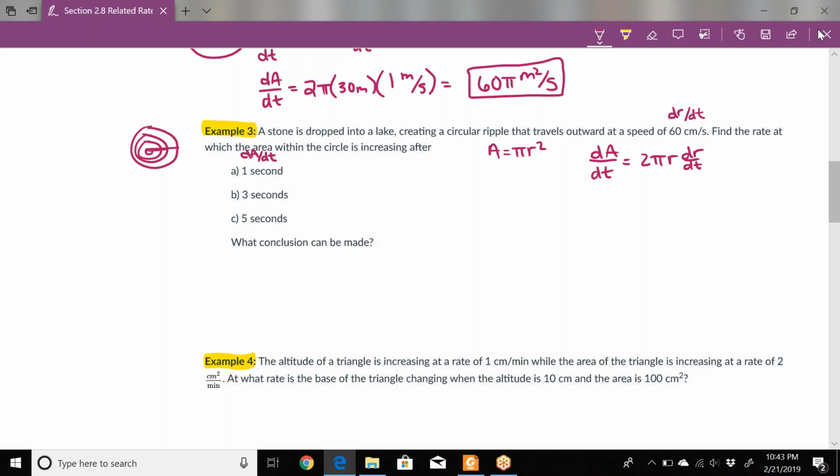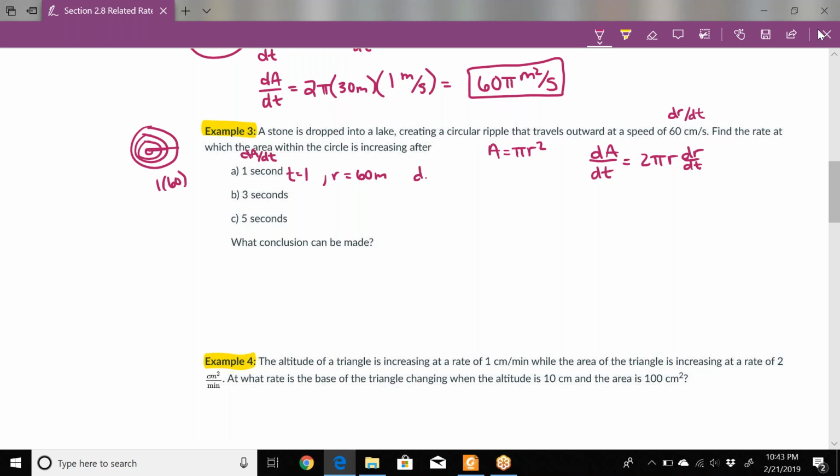So when we want to do time equals 1 second, first of all, we need to find the radius that's appropriate for that. So if your radius is going to change based on how many seconds have passed, then 1 second times 60, because it's 60 centimeters per every second, would tell me that my radius would be 60 centimeters at that moment.